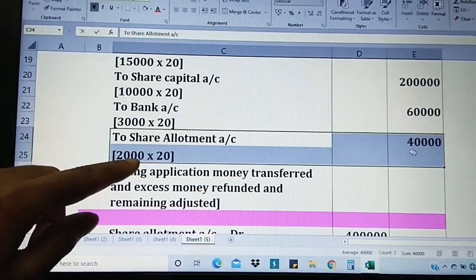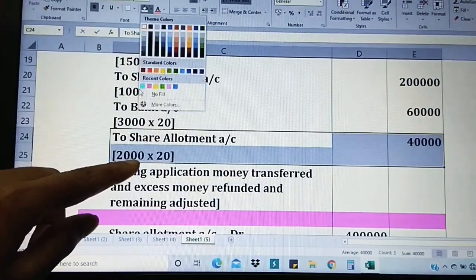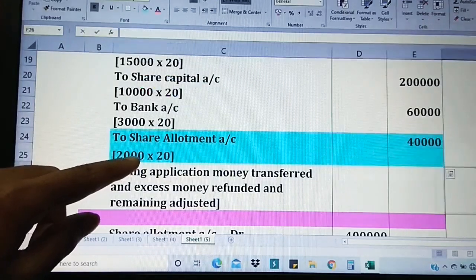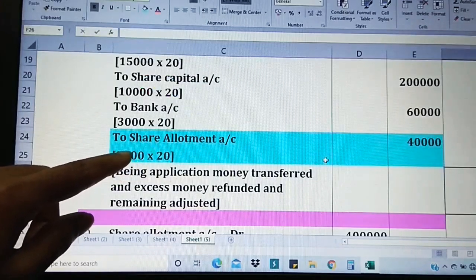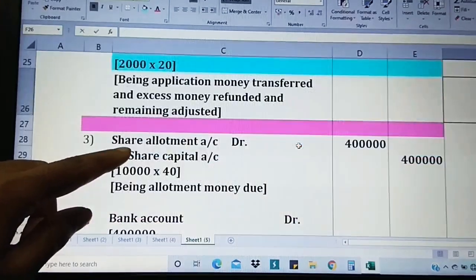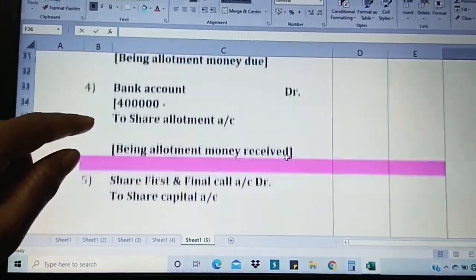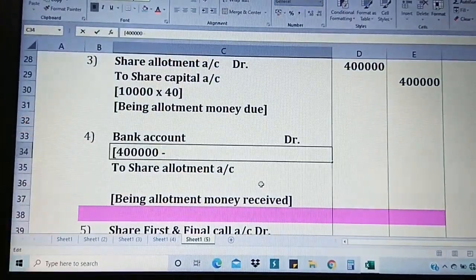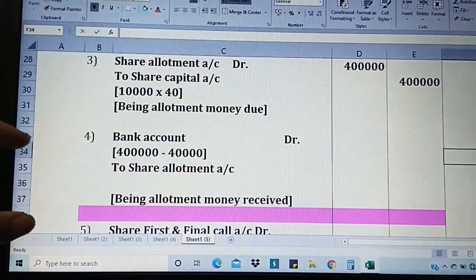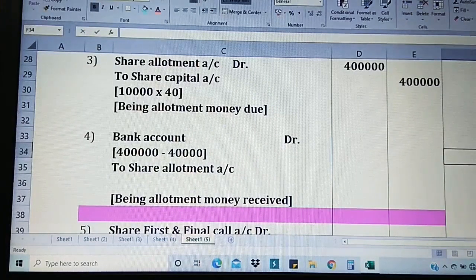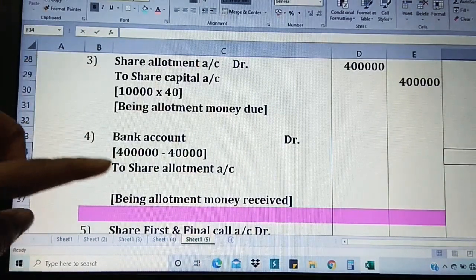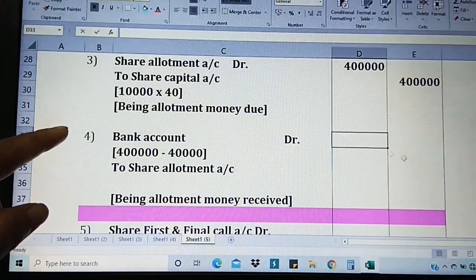Let me highlight it so it's easy. You will find here what was adjusted towards allotment: 40,000. So 40,000 is already adjusted. This should be reduced and then only we have to receive. Clear? Because from the public, the shareholders, we have adjusted the money towards allotment, so we have to minus that and receive the balance amount.